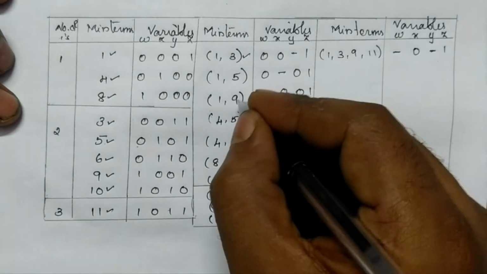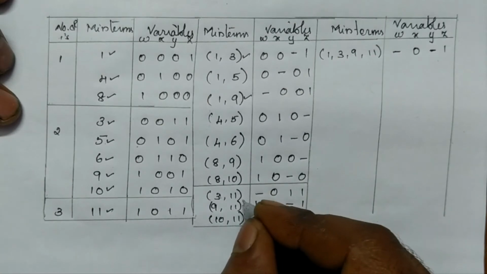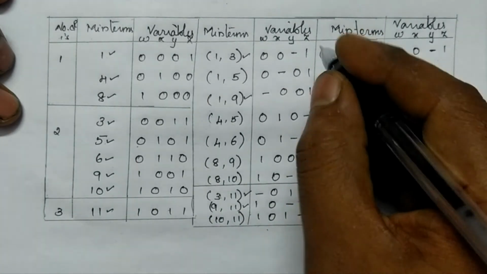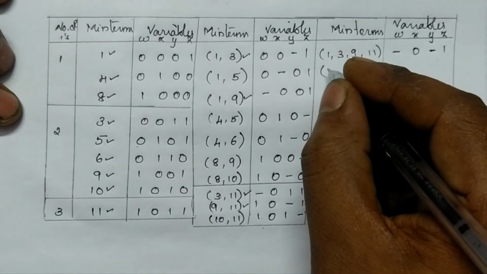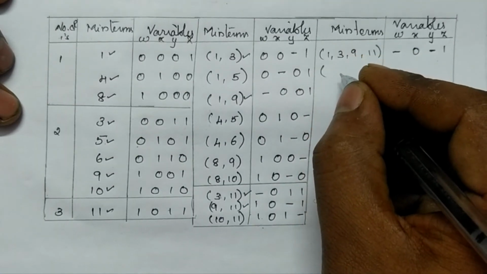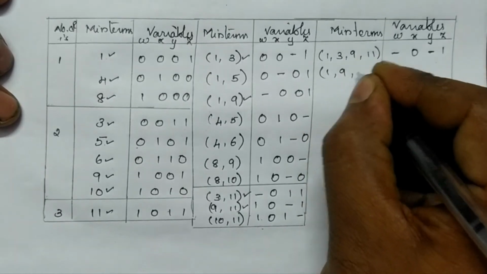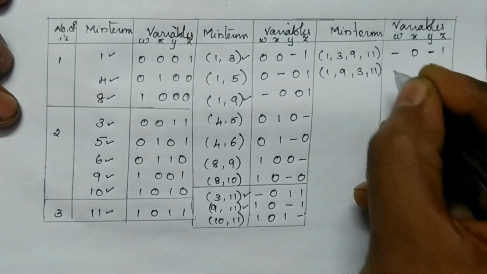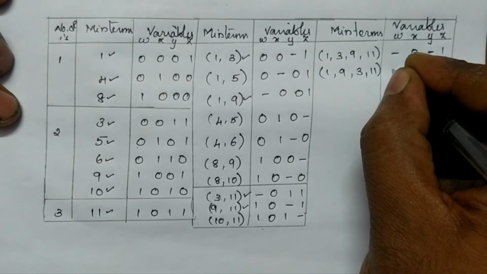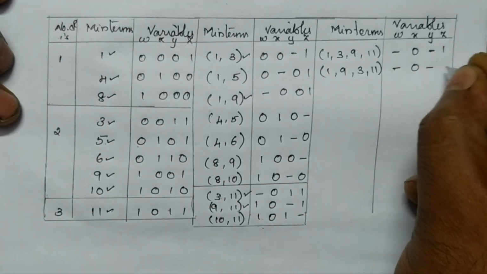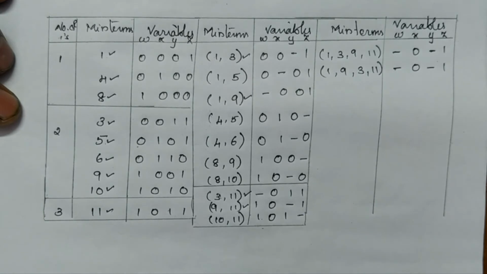Therefore it's possible to group 1 9 3 11. So in the order I am writing it as 1 9 3 11. So here we are having the term as hyphen 0 hyphen 1.